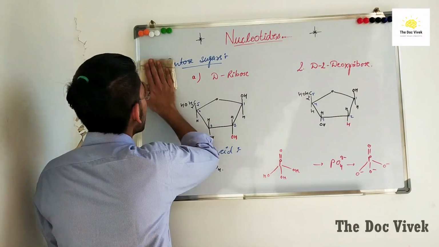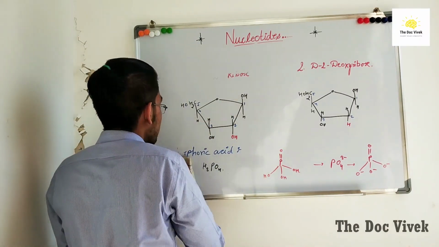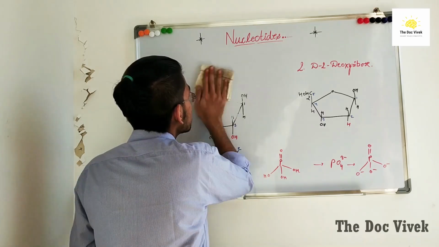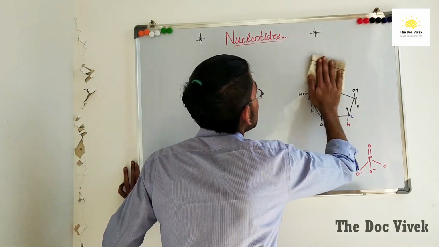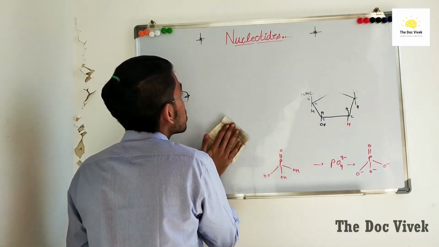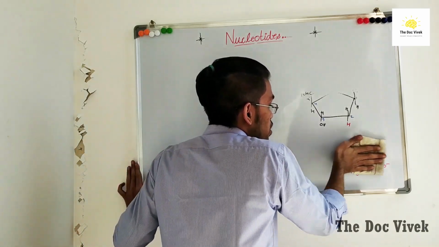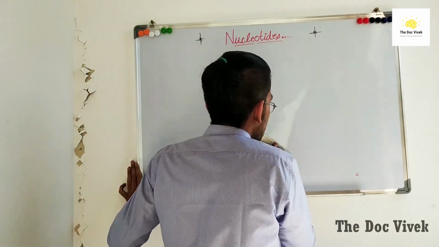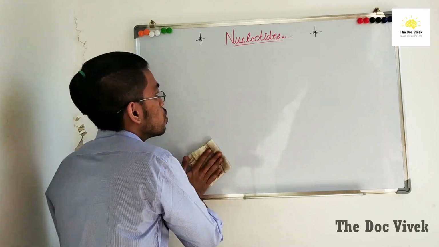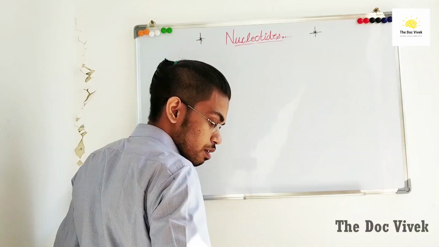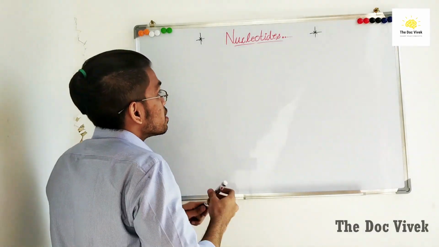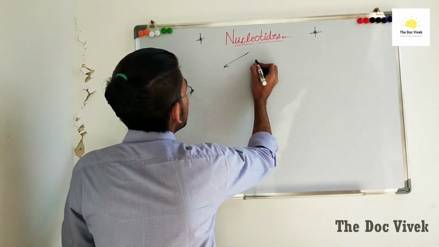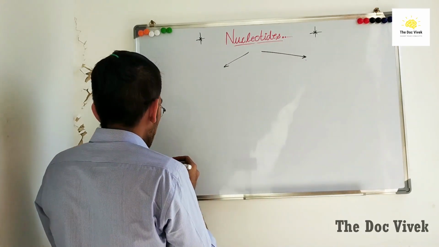So now we have completed the structures of all the subunits, which finally result in the formation of nucleotides. Now we will discuss nucleotides. There are two types of nucleotides.